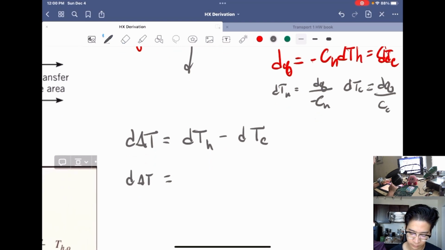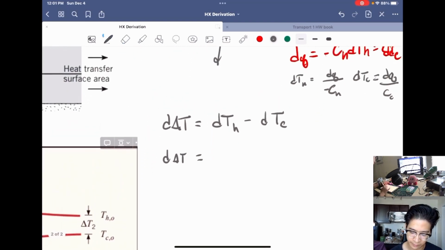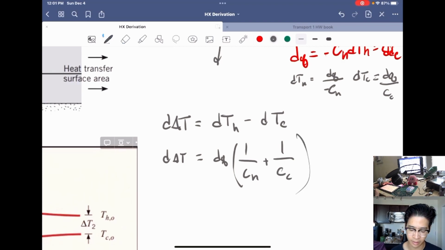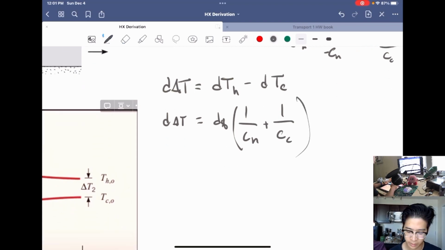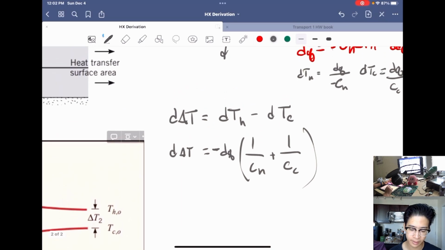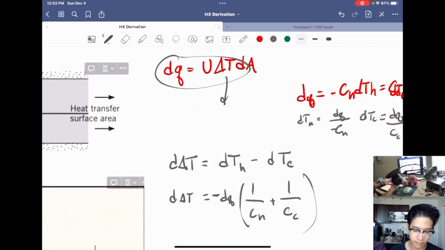Okay, so now we're left with dQ times 1 over CH plus 1 over the cold heat capacity. So I took care of the negative there. Okay, and since this negative I need to pull out and put in front of the dQ. Now we have this dQ term. Well, we can just use that to plug it in.